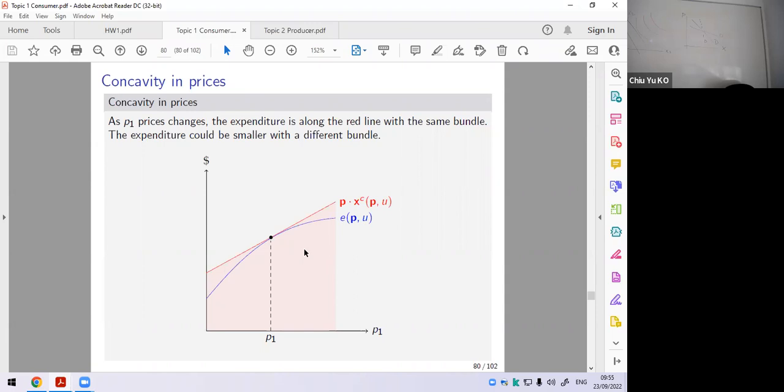The red line is where the price changes and you still consume the same bundle. That's linear, because that is P times X. Along this line you consume the same bundle at this utility. If it gets more expensive, you spend more. But if you do it optimally, you're able to do some substitution, so you're probably able to reduce spending.